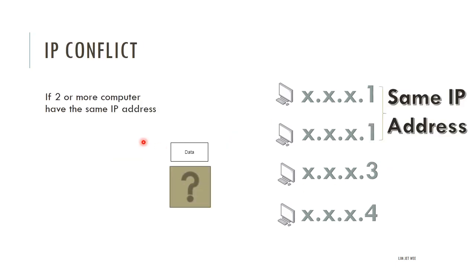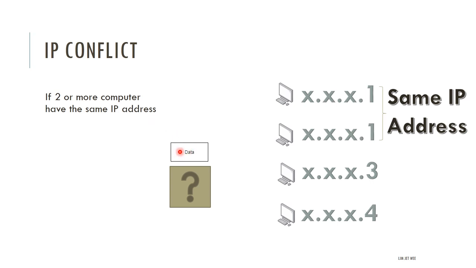Now, what happens if you have two or more machines on the network with the same IP address? So you have two or more computers on the same network with the same IP address. Think about it.